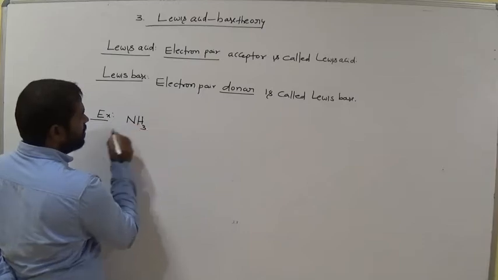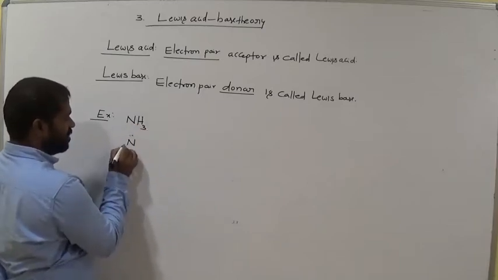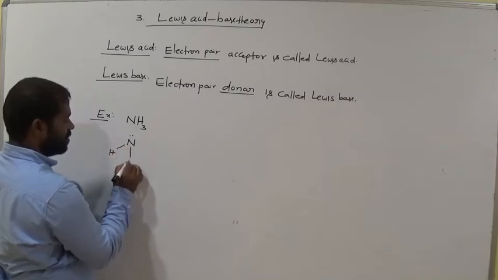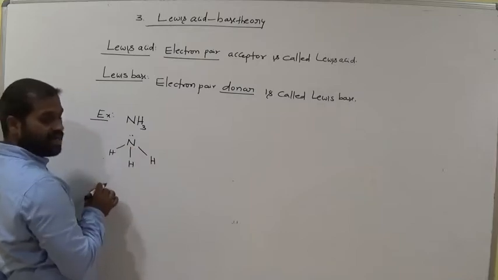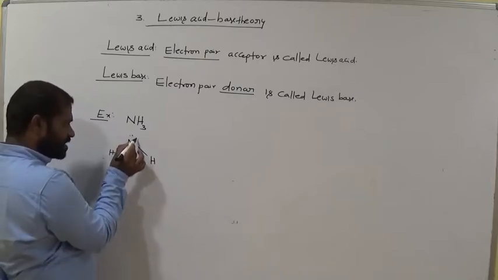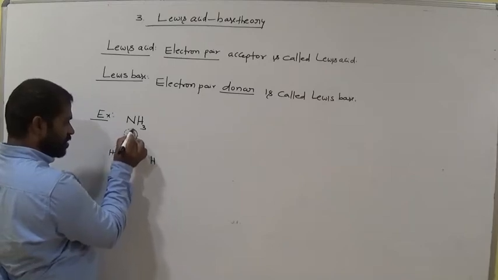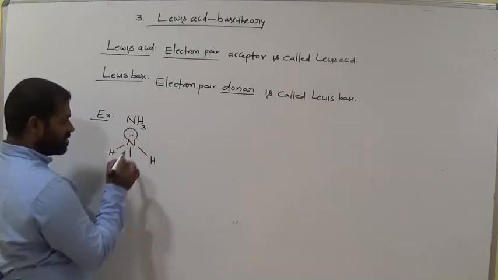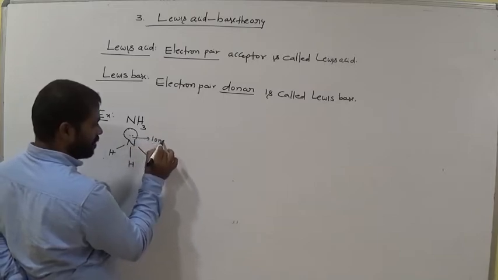NH3, it is ammonia, you know. The structure of ammonia, am I right? In ammonia, there is one lone pair of electrons. This pair of electrons is called a lone pair.